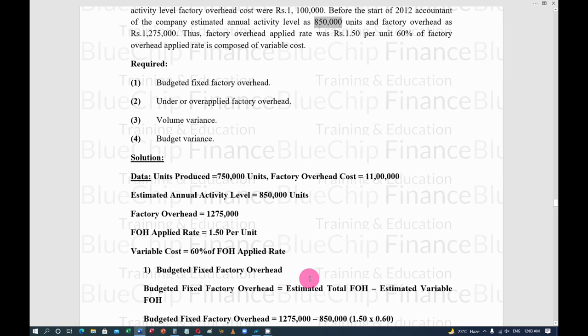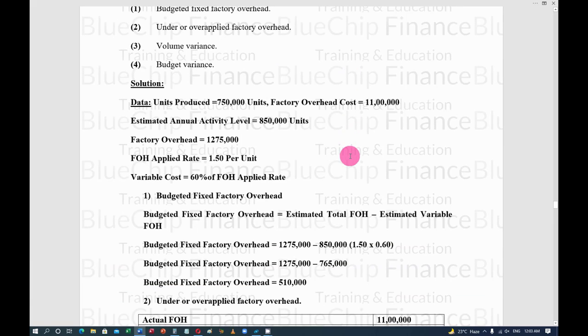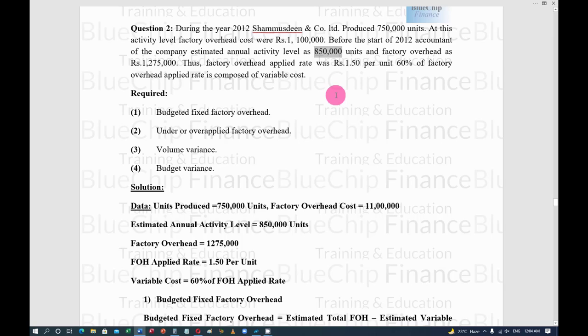The next requirement is under or over applied factory overhead, which always equals actual FOH minus applied FOH. Actual FOH is given, that is 11 lakh. Applied FOH equals capacity attained multiplied by applied rate.